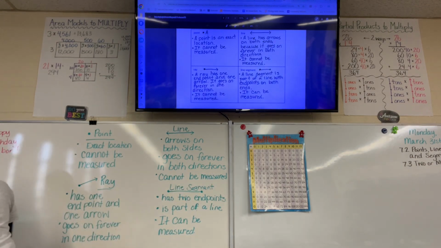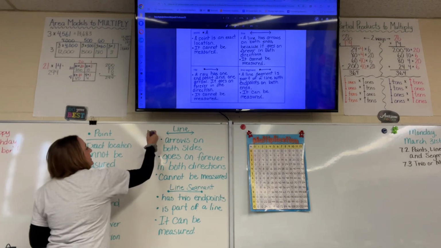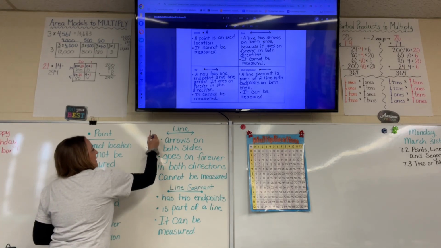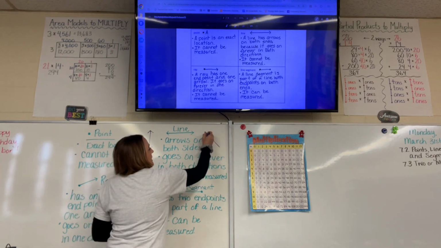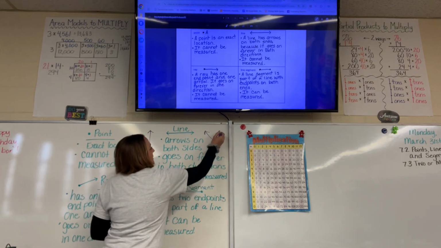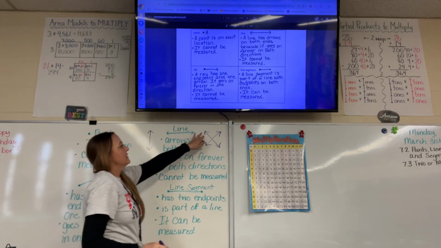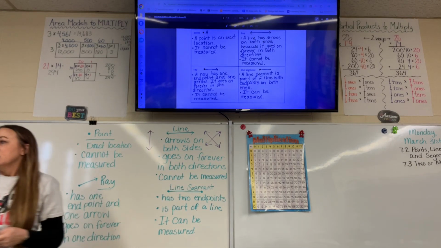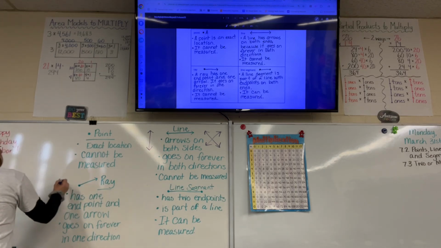One other thing I wanted to show you is a line can be a vertical line, a horizontal line, a diagonal line. It doesn't matter. Those are all four lines. This one, this one, this one, and this one. So a line can go in any direction. A ray is the same way.